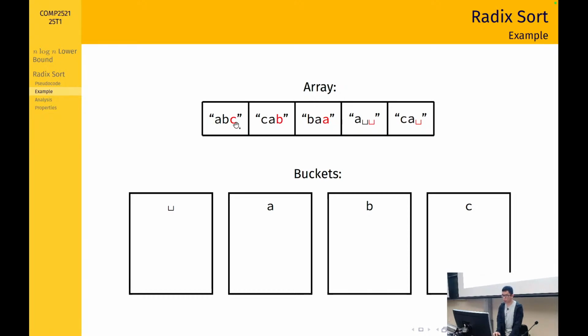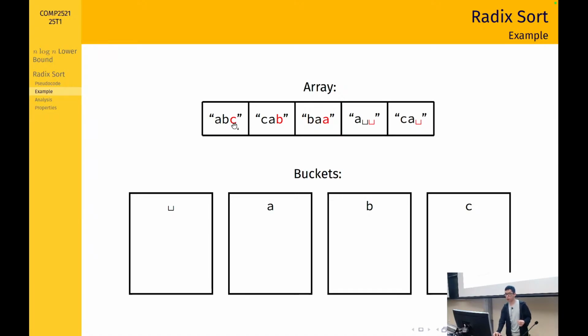Right, so I've highlighted them now, so we've got C, B, A, blank, blank. Right, what we're going to do is we're going to go down the array, and we're going to store each key into a bucket corresponding to its last symbol, to its last character, right?